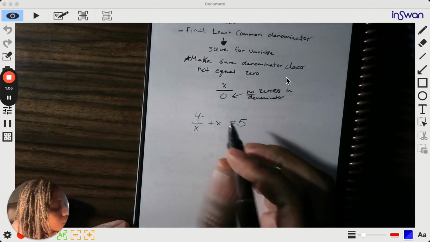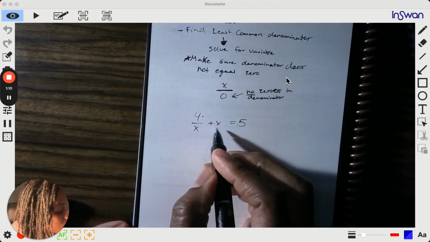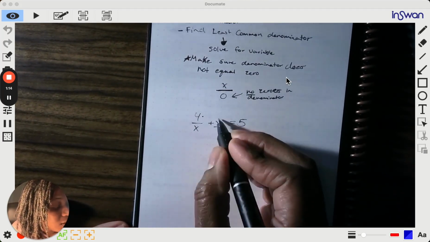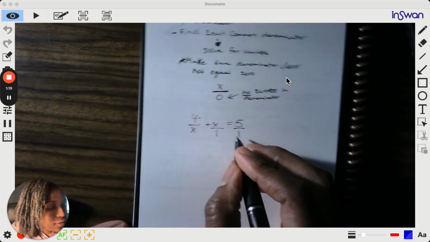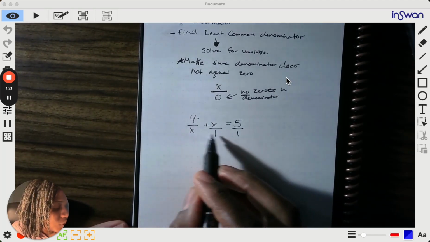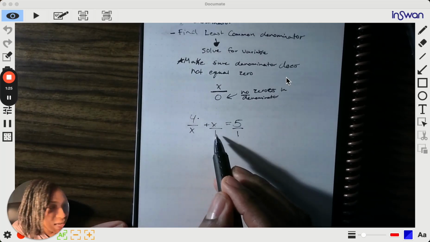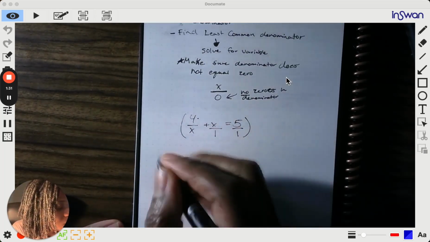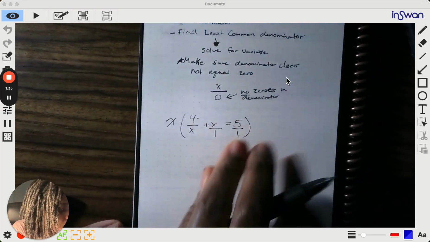So what I'm going to do is multiply this whole equation by my least common denominator. So I know I have an x here, theoretically, or actually there is a 1 here and a 1 here. So the common denominator with all of these would be x, because 1 times x is x, so the common denominator is x. So I'm going to multiply both sides of this equation by x.